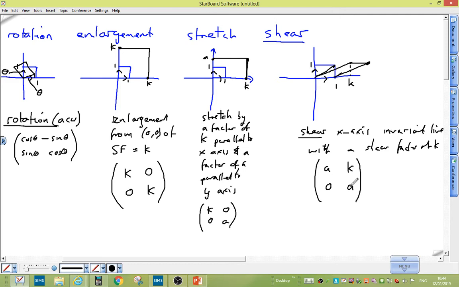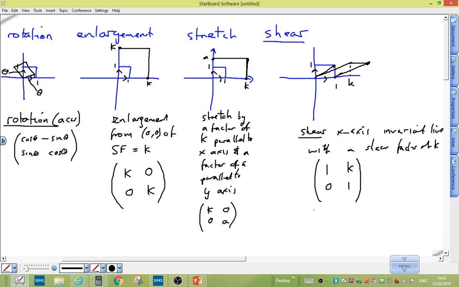It's enlarged by a scale factor of a and then a shear by a scale factor of k. Yeah? If I did that, what would that be? A stretch with a factor of that in the x direction, factor that in the y direction, and then a shear. Right, and that's going too far, but you can see what I'm talking about, yeah? 1, 1. Happy with that? Okay, so I've written that down there.